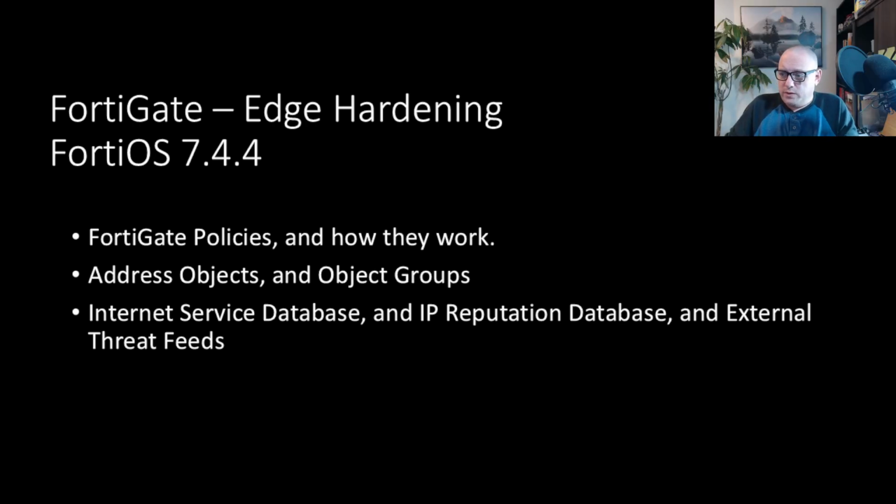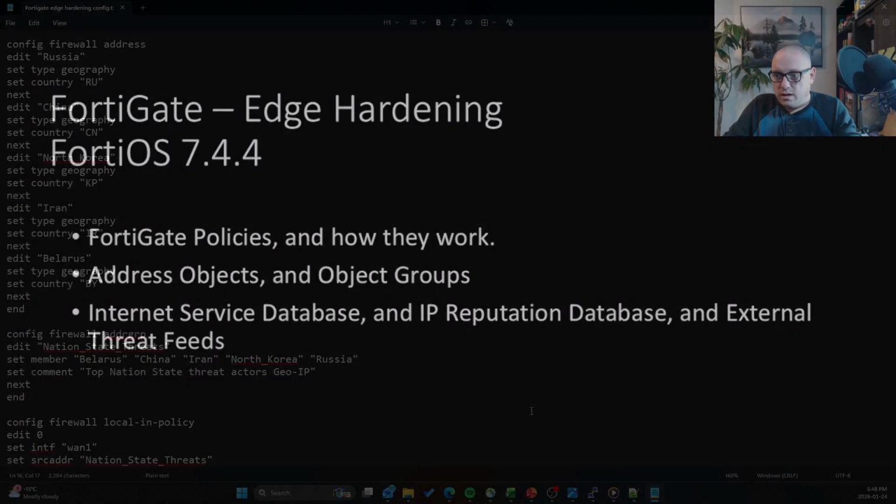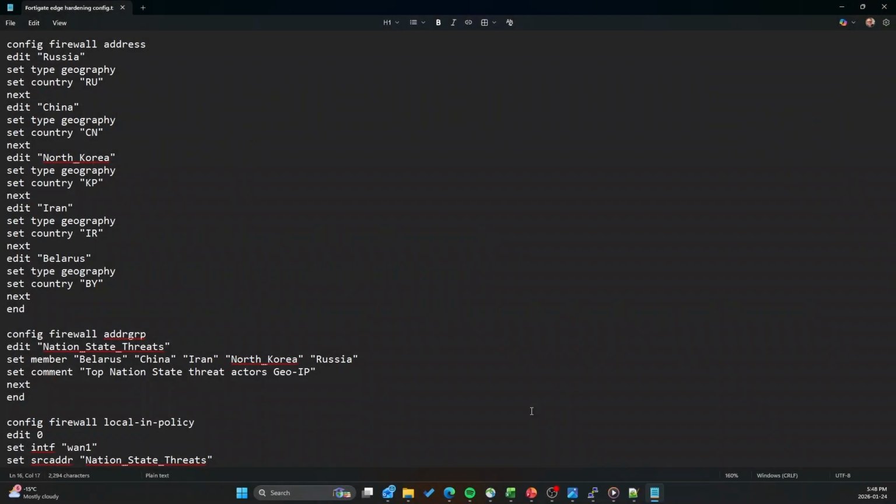Okay, so I'm going to pop over to my other screen here. And on this screen, we'll take a quick look at our configuration. So I've got this configuration file that I just saved, and I can very quickly apply this to any FortiGate firewall that I'm working with.